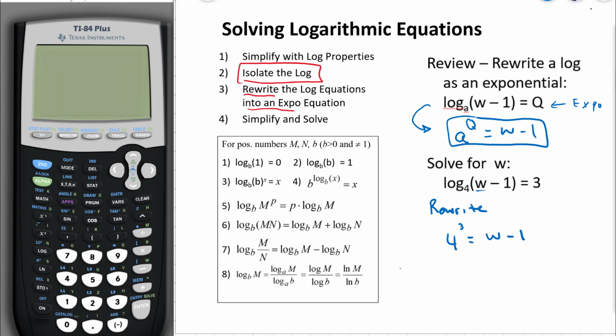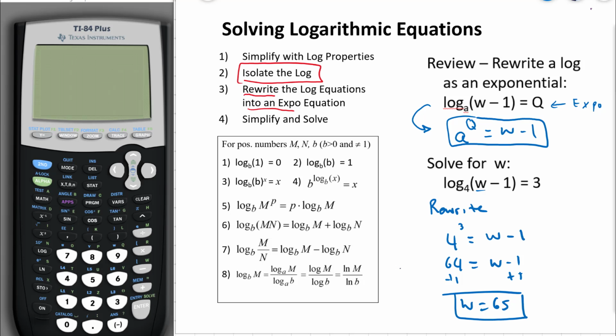Now, without the log in the equation, it's a lot easier to solve. 4 to the third power is 64. W minus 1, add 1 to both sides. We're done. W equals 65.